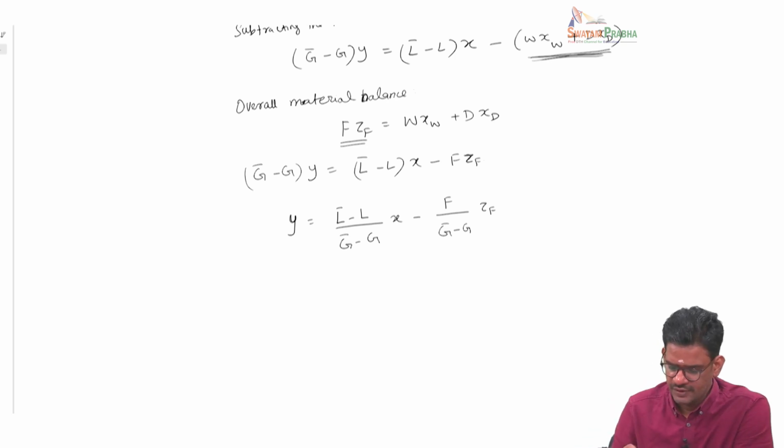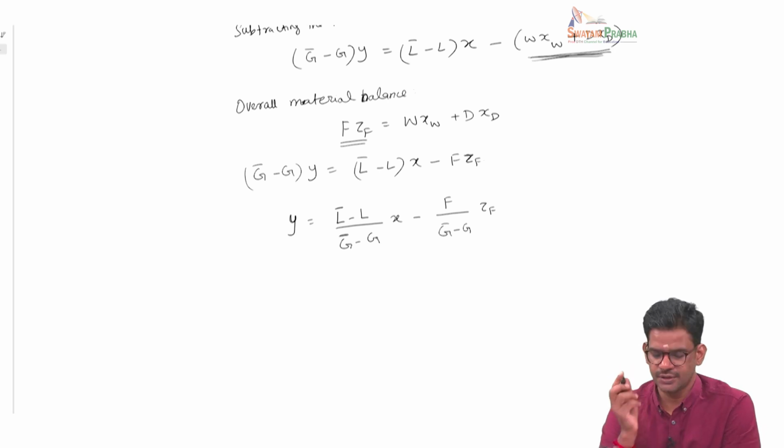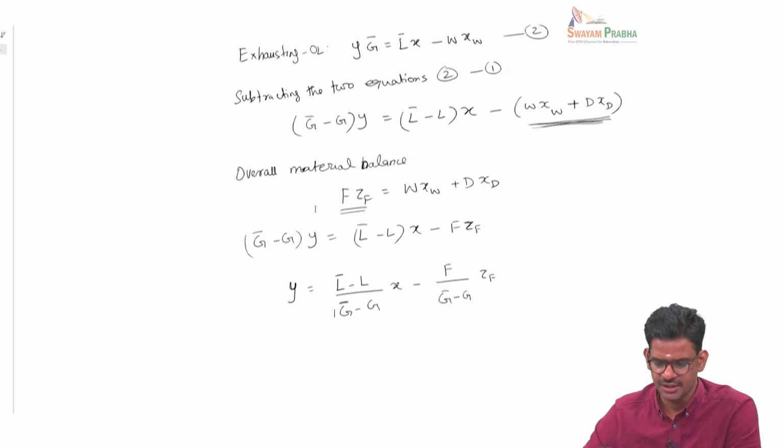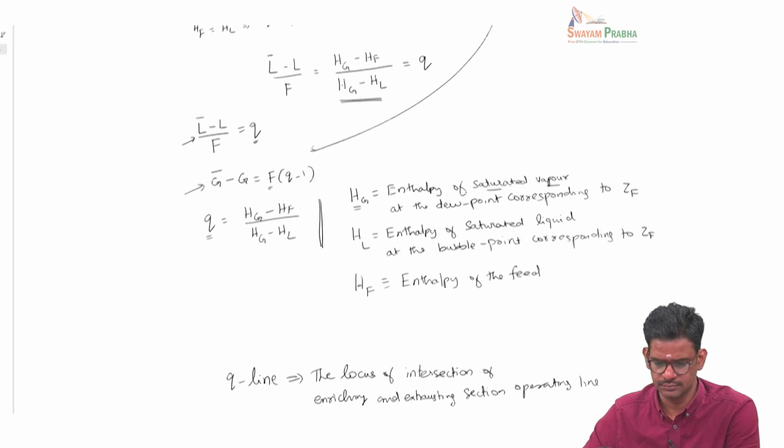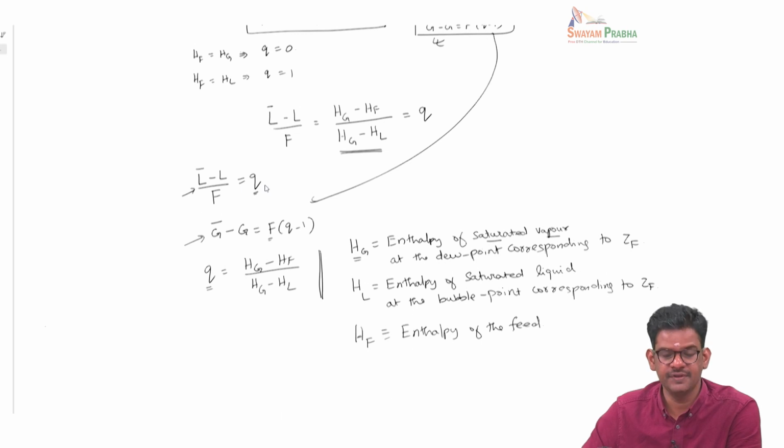Now what we can do is replace this L bar minus L and G bar minus G using the definition of Q that I mentioned here. Recall that we have defined this Q and how Q affects L bar minus L. So I can write L bar minus L equal to FQ, and similarly G bar minus G as F times (Q minus 1).